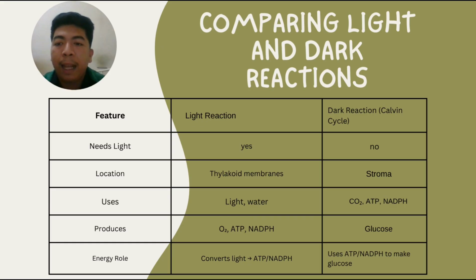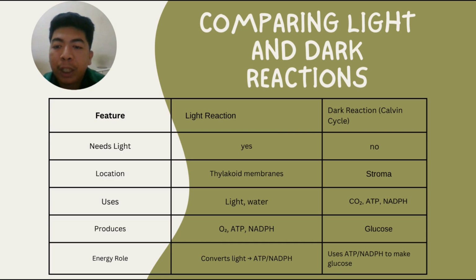Okay guys, let's take a moment to compare the two stages side by side. The light reaction takes place in the thylakoid membrane and requires sunlight and water. Its outputs are oxygen, ATP, and NADPH. In contrast, the dark reaction takes place in the stroma and uses carbon dioxide along with the ATP and NADPH from the light reaction to produce glucose.